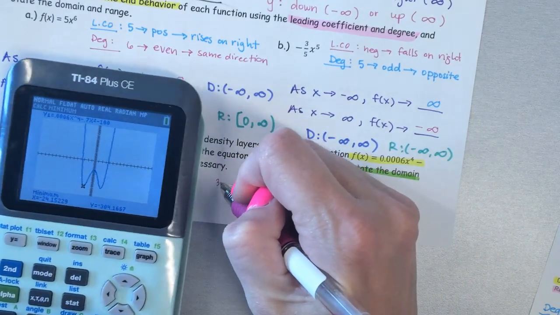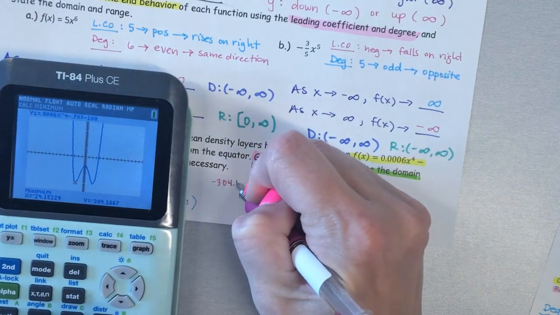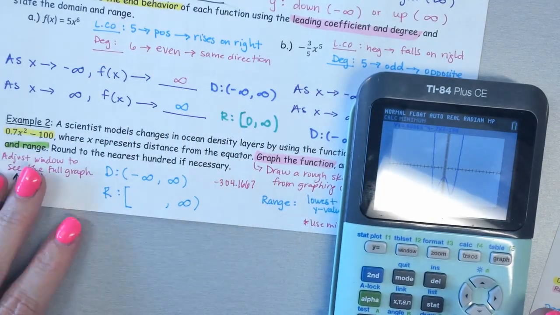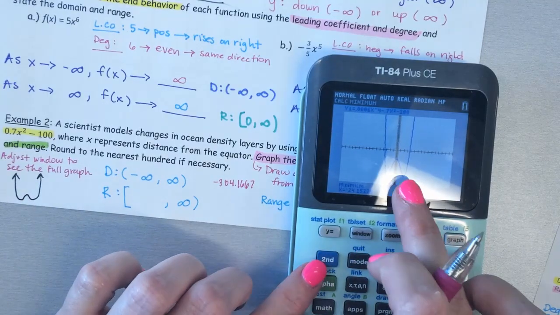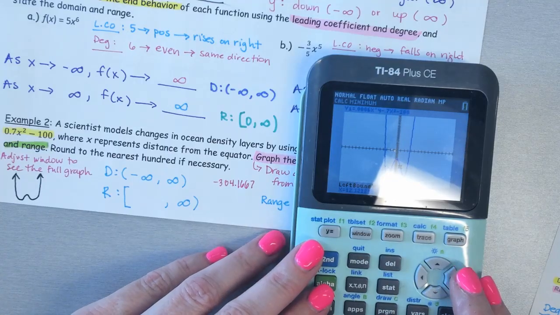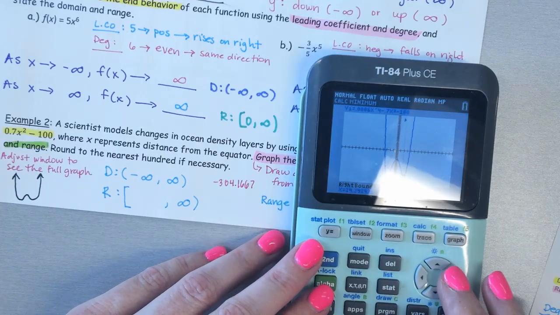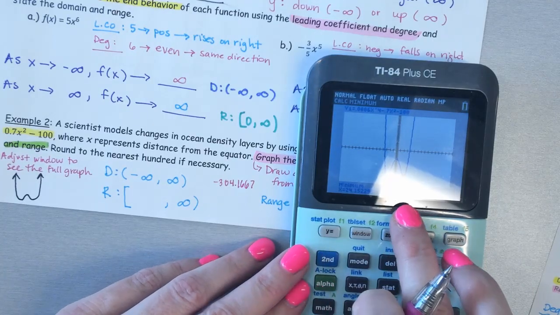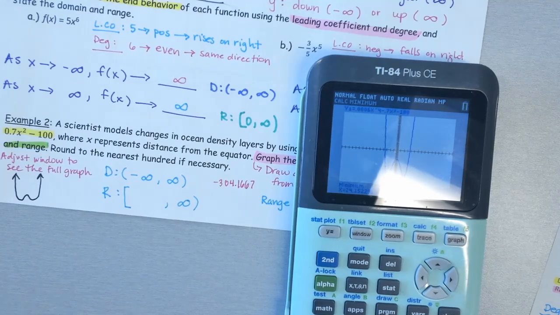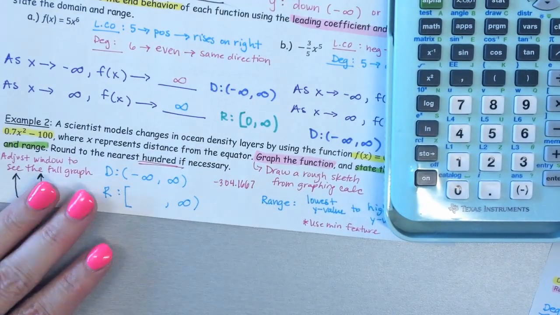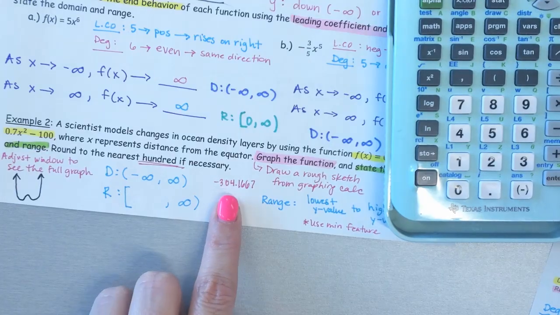Okay, remember it says to round to the nearest 100. So I got negative 304.1667, of course. And let's just double check this one here. Okay, this one is symmetric, so it should be the same, and again, we have that negative 304.1667. Okay, so if we're going to round that to the nearest 100, it would either be 300 or 400.